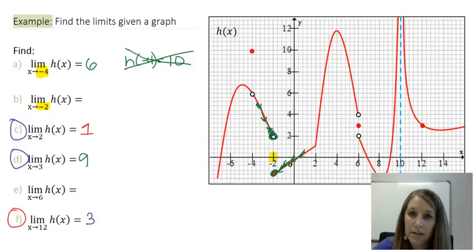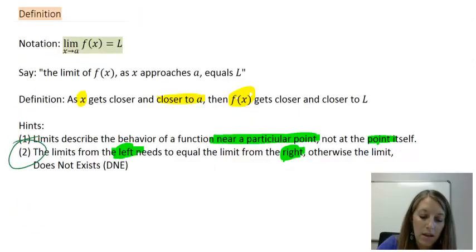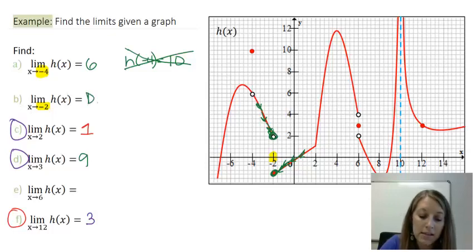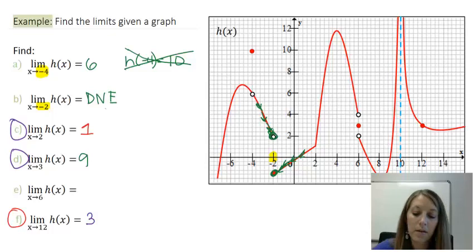Notice my left lead and my right lead do not end up at the exact same spot. And that goes back to one of the hints that I gave you. The limits from the left need to equal the limits from the right, otherwise my limit does not exist. So when I traced my graph from opposite directions, I did not end up at the exact same place. So my limit as x is approaching -2 of h of x does not exist.